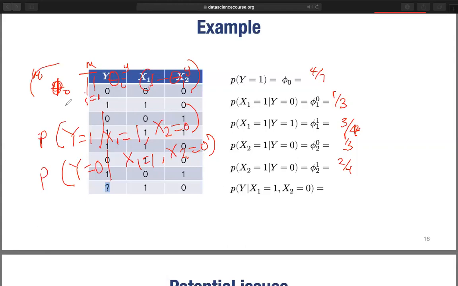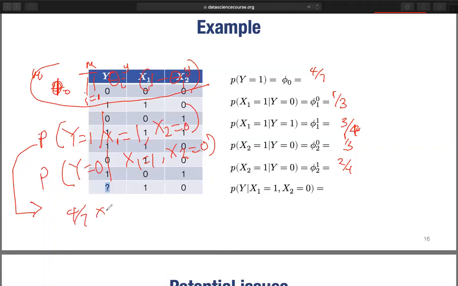Already we know what our x0 is: 4/7. And the probability of x equals 1 given y is equal to 1 is what?